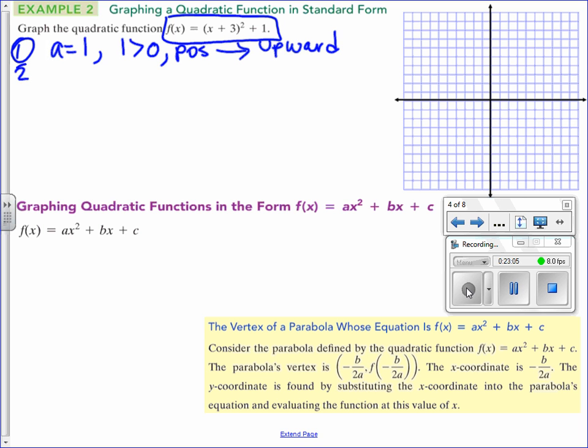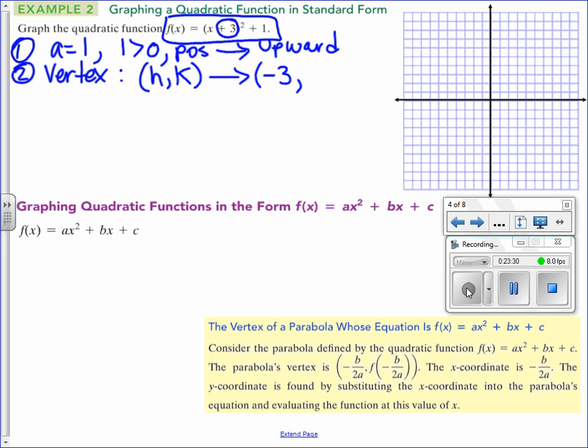Okay, number 2, we need to find the vertex. So the vertex is given by the numbers representing h and k. And in this case, you guys see how we have here a +3. So just like we do with horizontal shifting, we take the opposite of that number, and that will be -3.